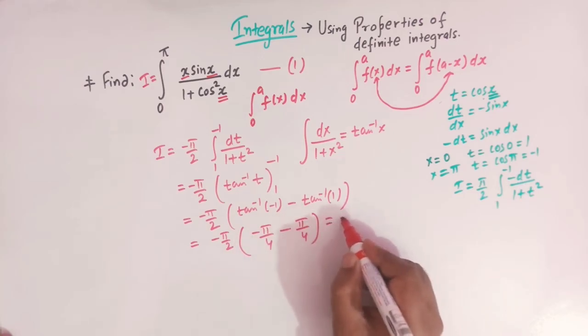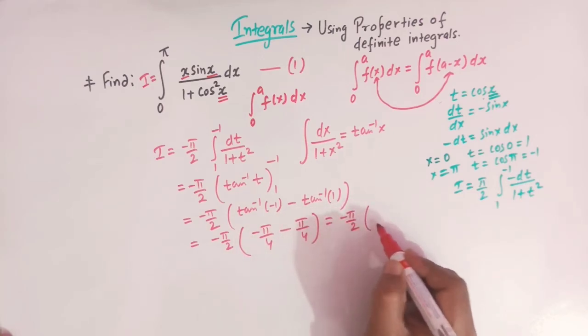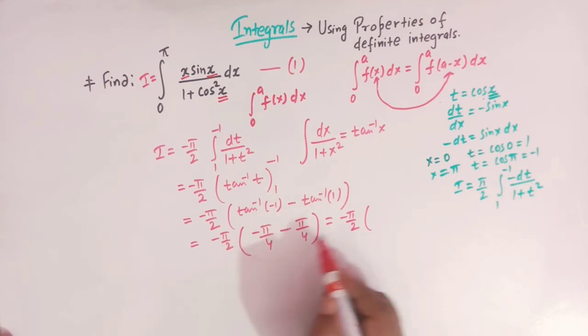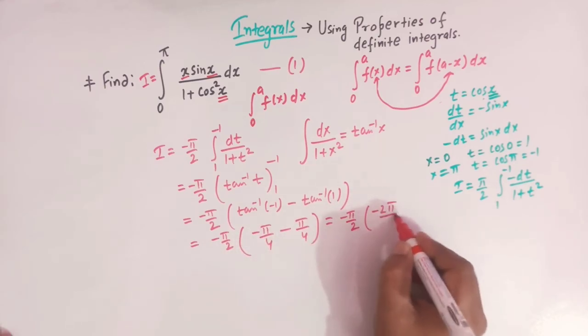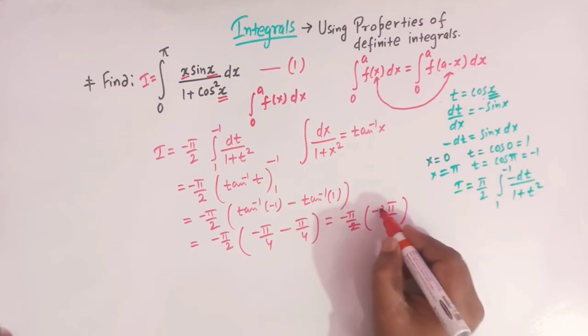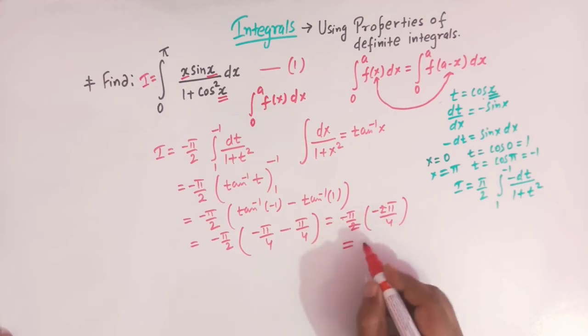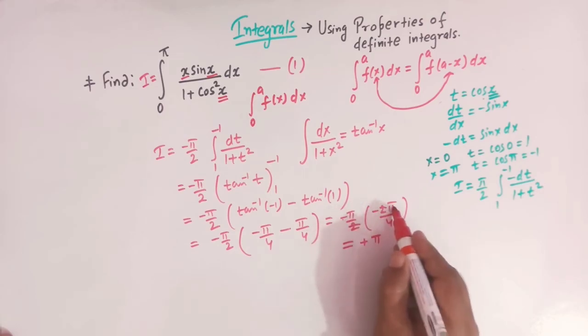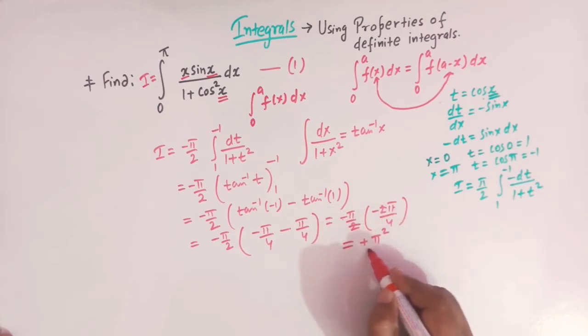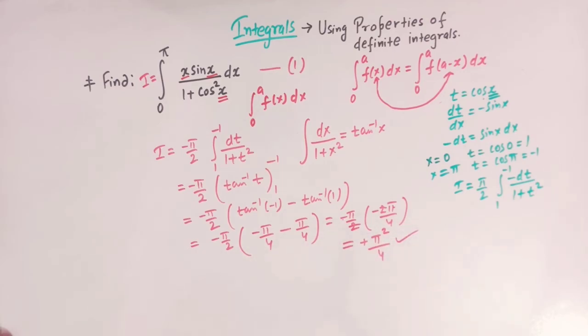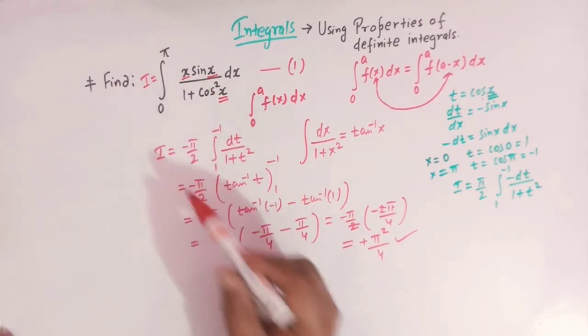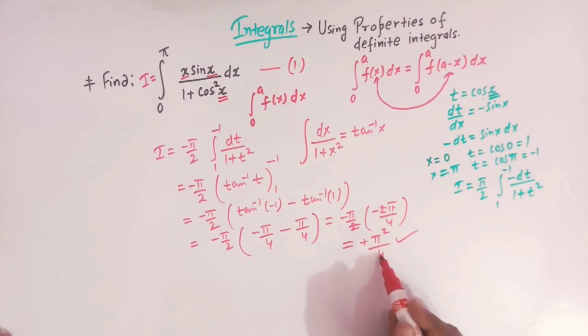Now we have minus pi by 2, and minus pi by 4 minus pi by 4 is minus 2 pi by 4, and here this 2 and this 2 get cancelled. Minus times minus is positive, so we have pi times pi, which is pi square over 4. So the value of this integral is pi square over 4, right?